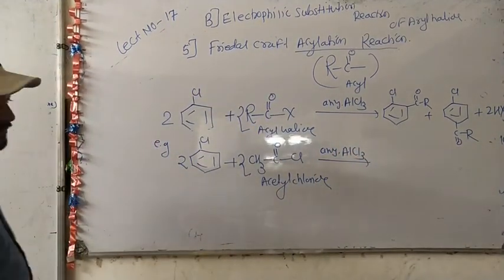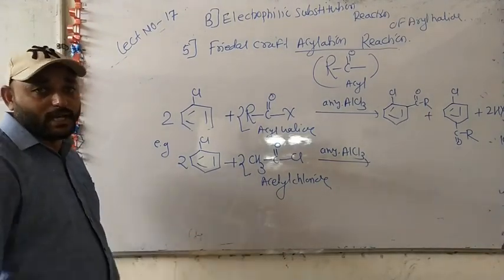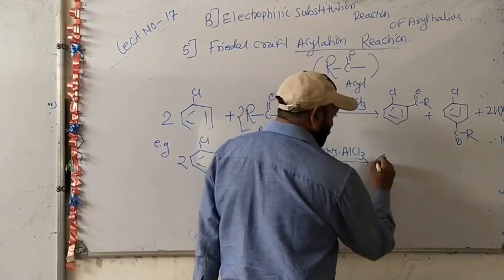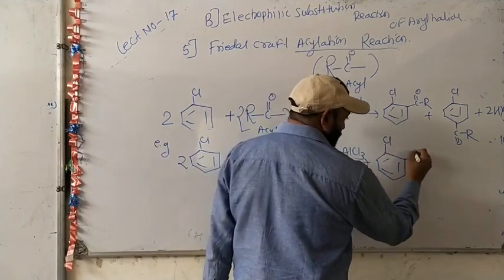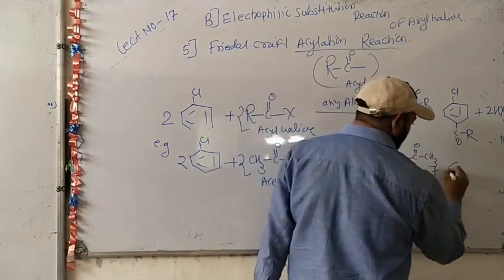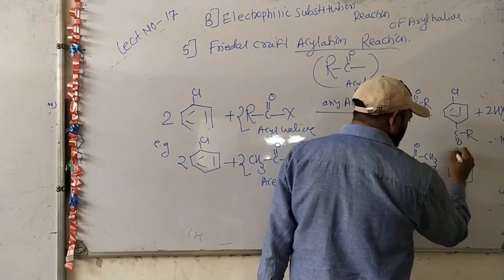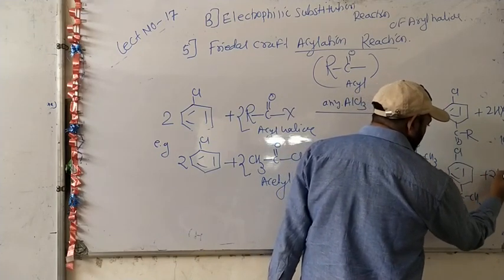So what is the product formed? First substitution reaction occurs at the ortho position and second at para. So the products are: Cl, C double bond O CH3, plus second Cl, C double bond O CH3, plus 2 times HCl.